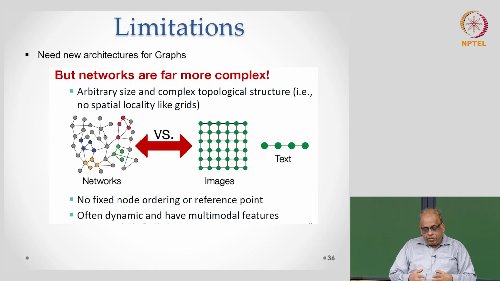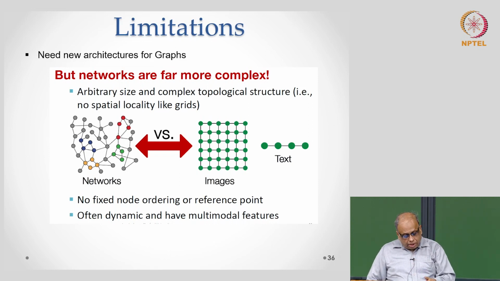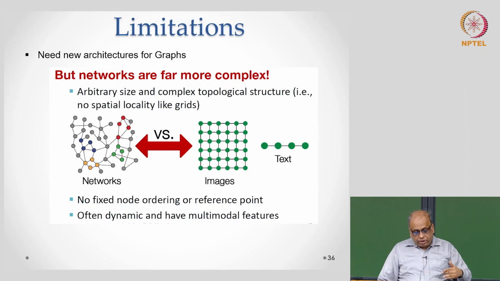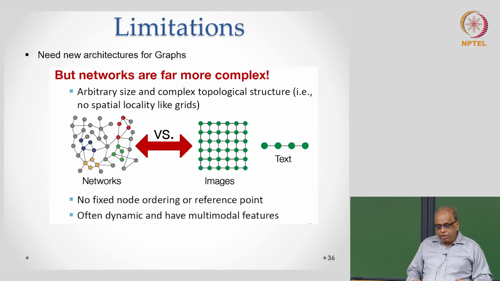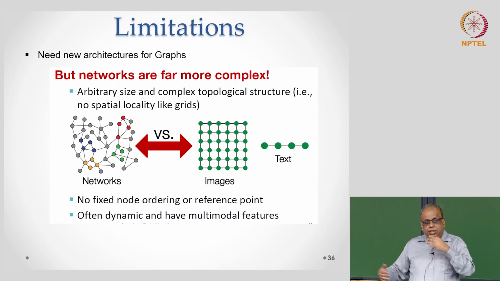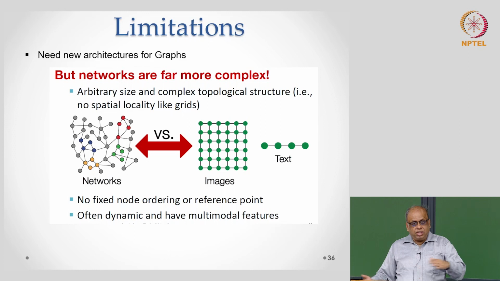So initially what people did, they tried to utilize this kind of structure for graphs, but it was not very useful because we have no fixed node ordering. When you draw the graph on paper, you can say node 1, node 2, but actually if you say node 5 is node 1, that is actually okay, right?